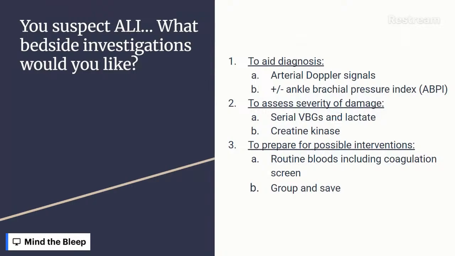If you are fairly sure from your clinical examination that it is acute limb ischemia, then you want to be assessing the severity of the damage. So doing serial VBGs, because obviously this is an evolving state and you want to know how things are changing over time, to look for the lactate. Are they becoming acidotic?